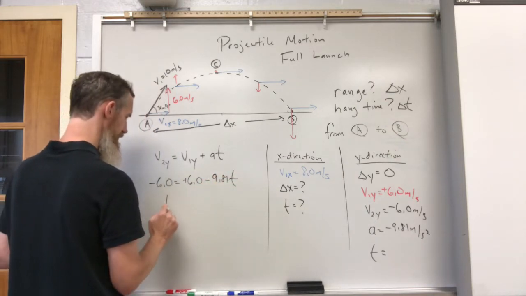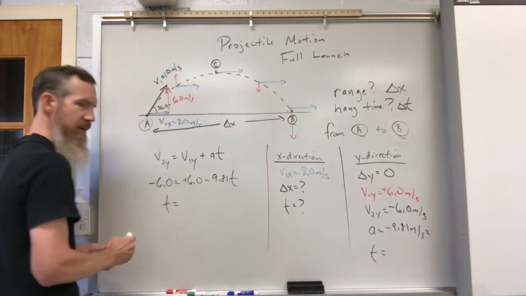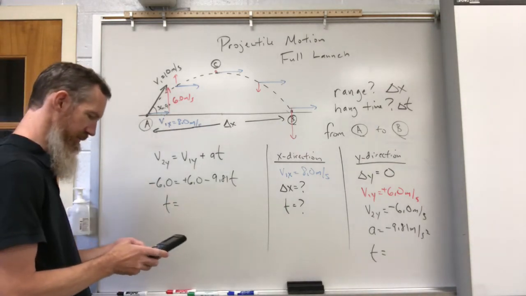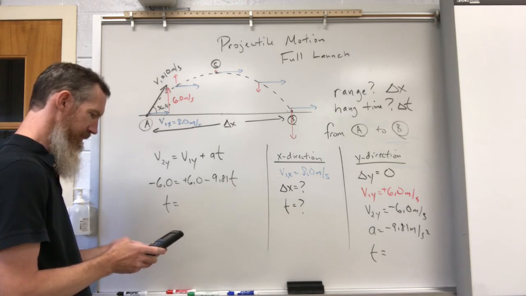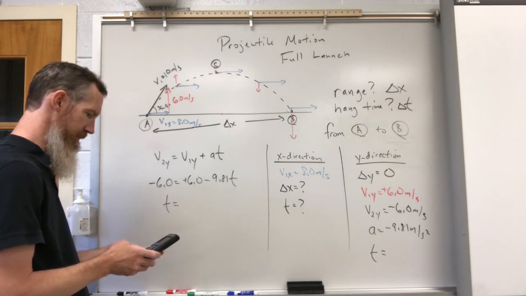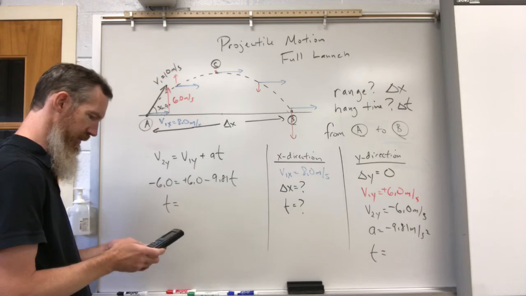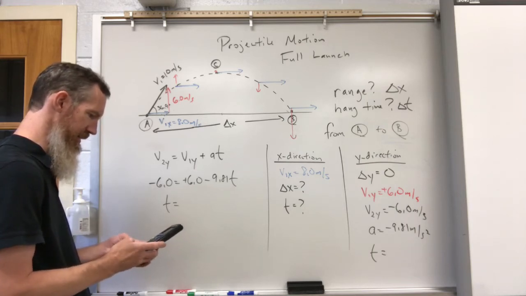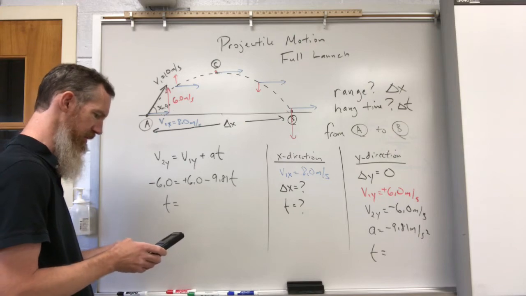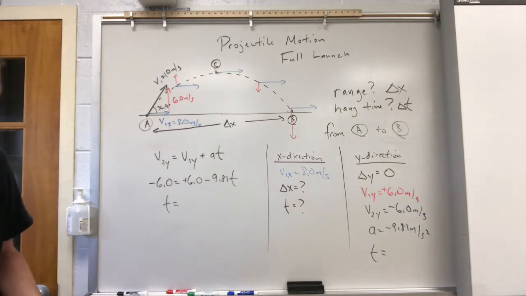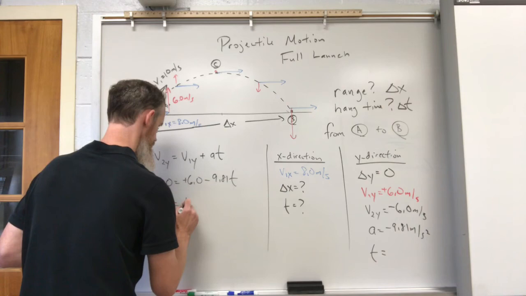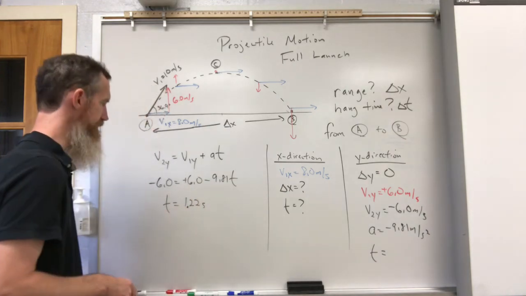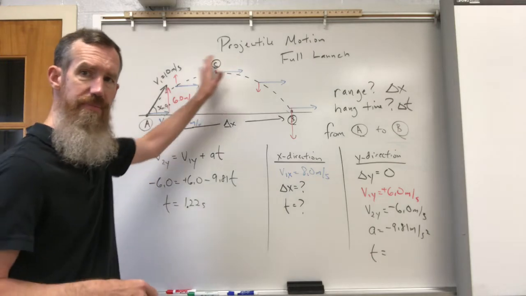Then I take 12 and divide it by 9.81. The negatives cancel so you get a positive value for time, which they do, to double check your work. 1.22 seconds. That will be the time in the air.